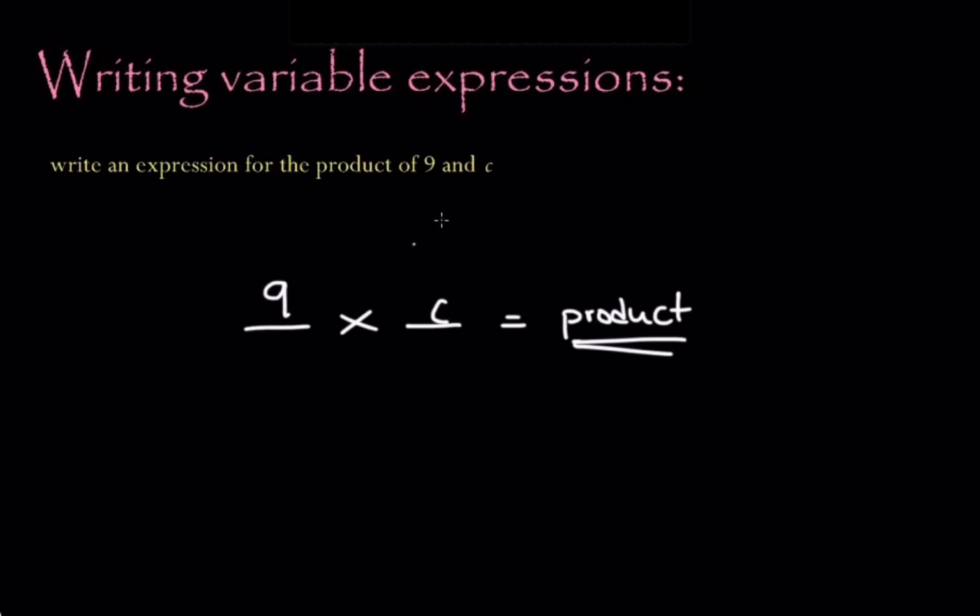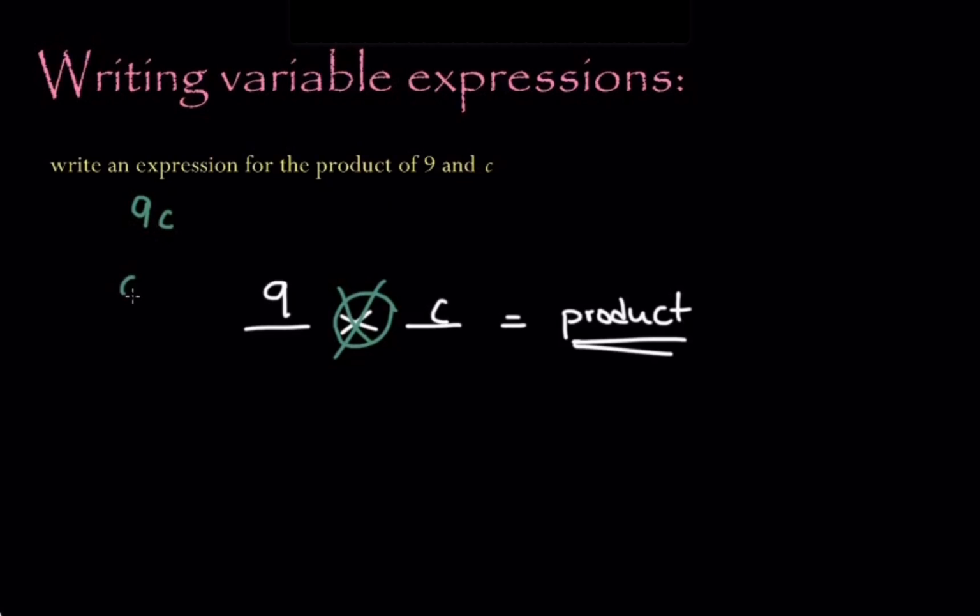Okay? But we can eliminate the multiplication sign and not write it. Okay? And instead, we do 9C. Well, when we have a variable, we can put the number behind it.